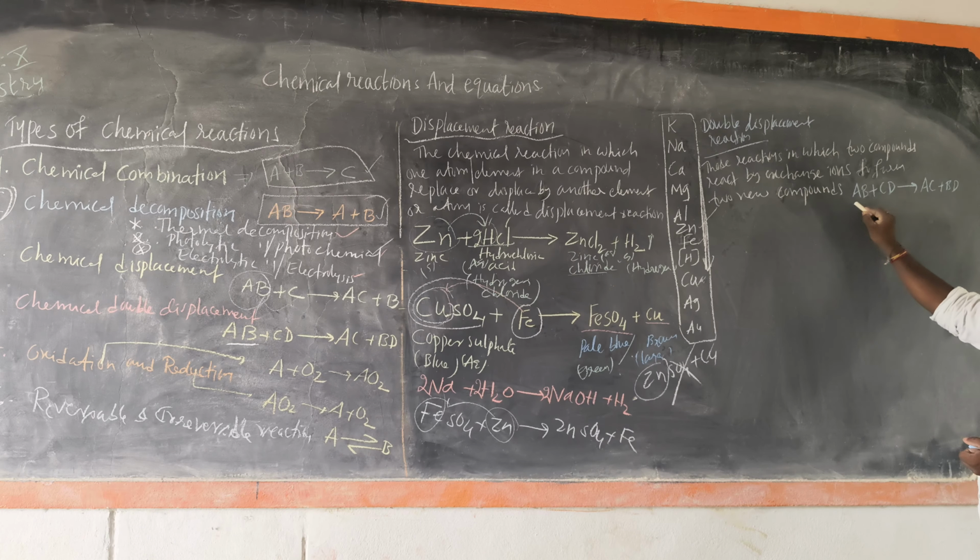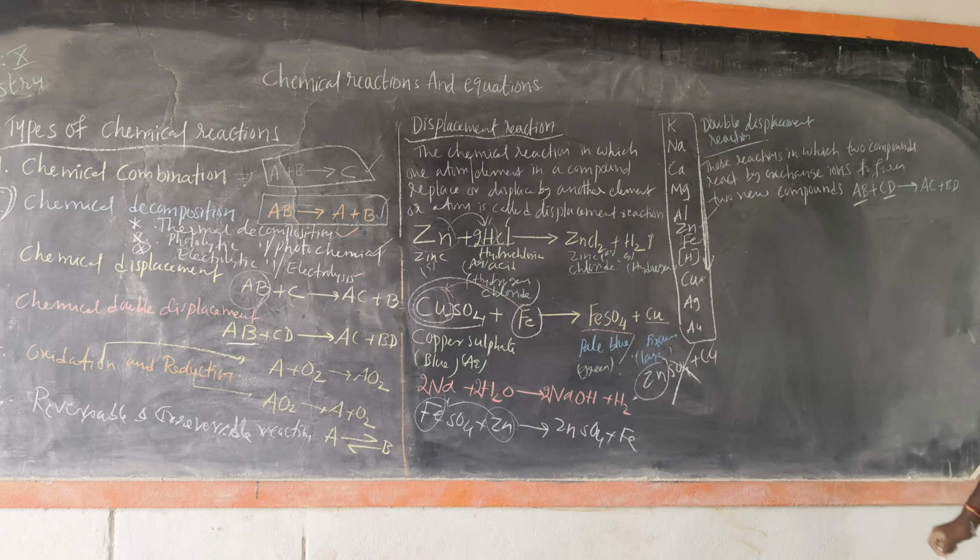See here, double displacement of AB and CD. AB is one compound, CD is the other compound. These two are combined together and react together. They form new substances AC and BD. That means here one element is displaced, and here also one element is displaced. So two are displaced. That's why it is called double displacement.